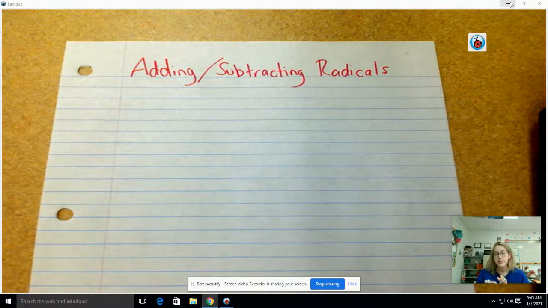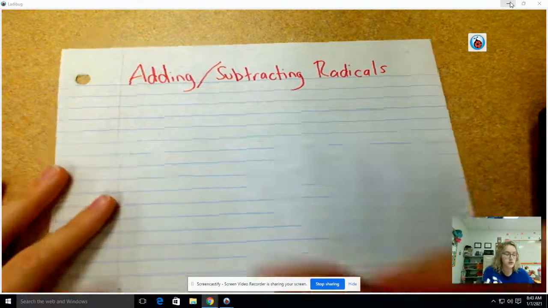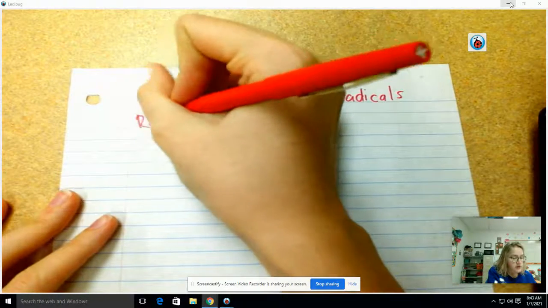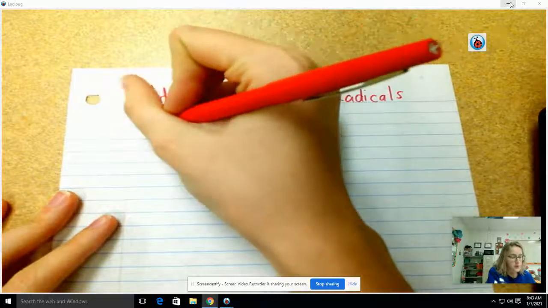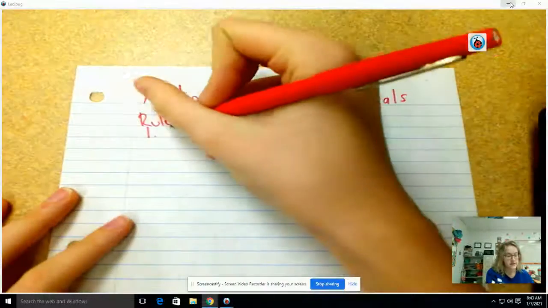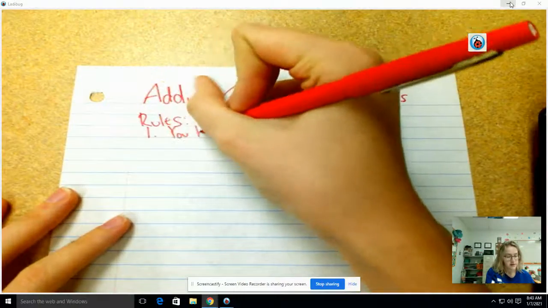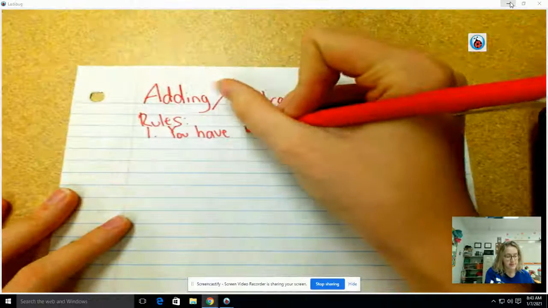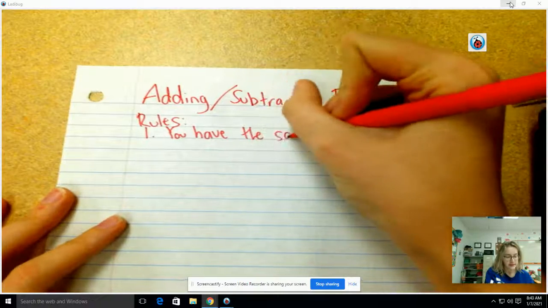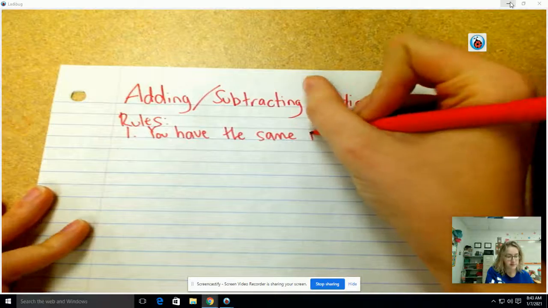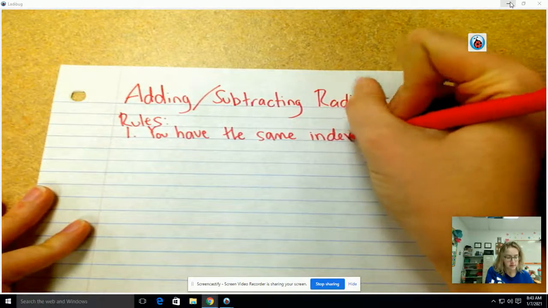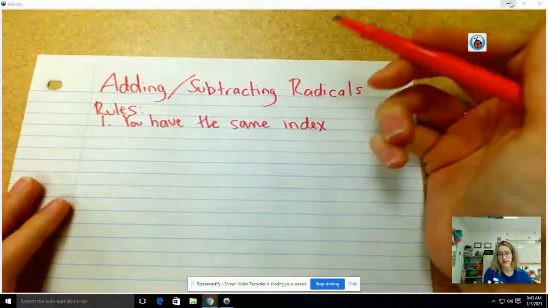So we're dealing with adding and subtracting radicals, and there's just a couple rules. Rule number 1 is you have to have the same index in order to add or subtract.